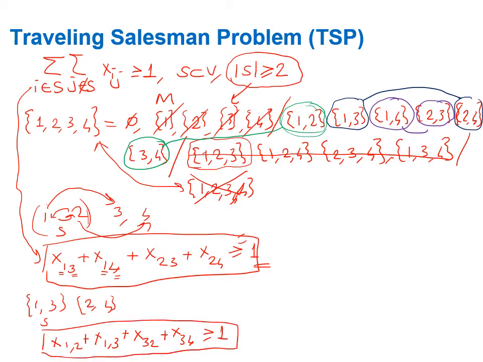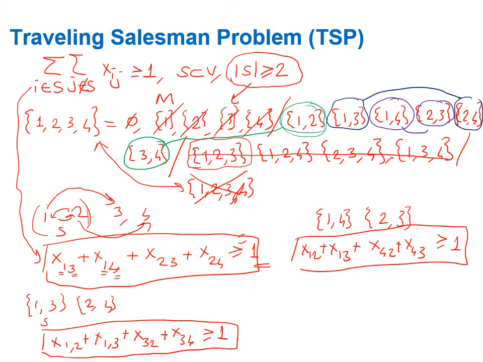And what about the last one? In set S we have 1 and 4, and outside we have 2 and 3. The constraint should be x12 plus x13 plus x42 plus x43 should be greater than or equal to 1. So this is the third subtour elimination constraint.